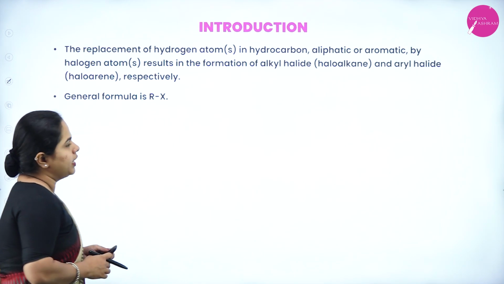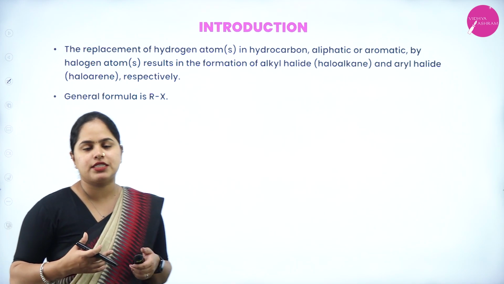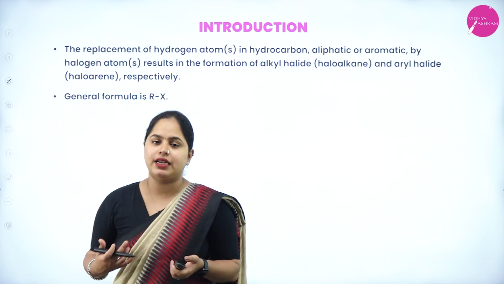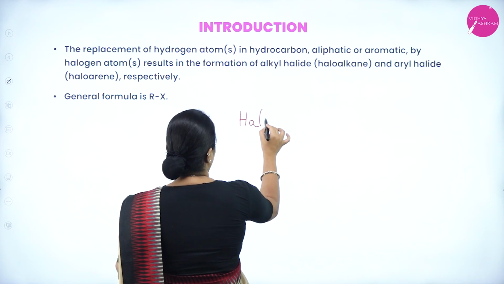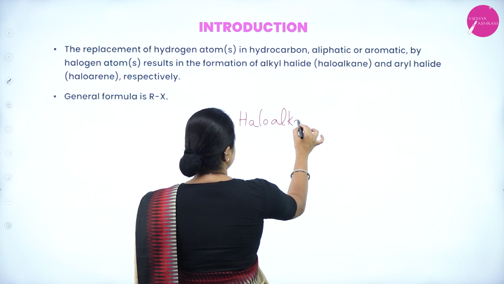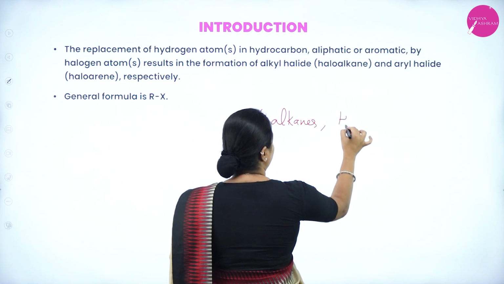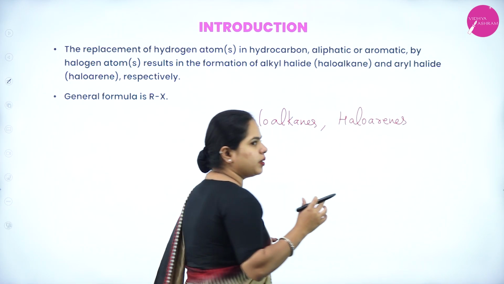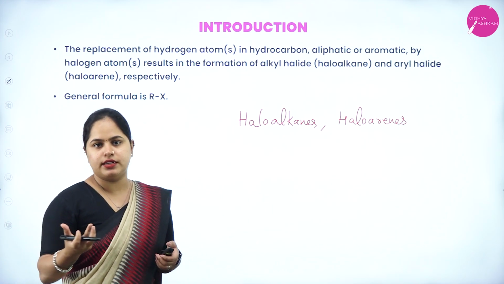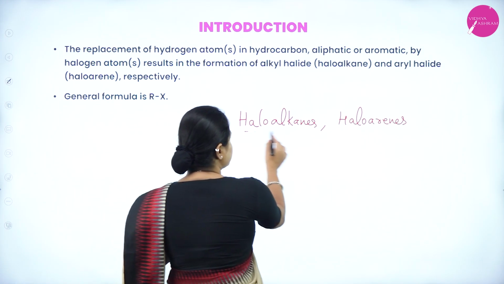So as you can see, first of all, the chapter name itself says it is haloalkanes and haloarenes, right? From the name itself, there are few things that you can understand, right? So this halo is common in both.